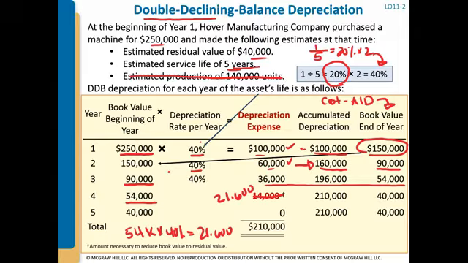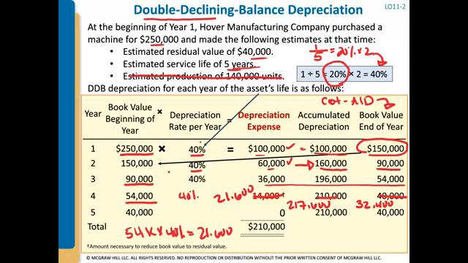Our accumulated depreciation would be 196 plus 21.6. Our cumulative depreciation would be 217,600, and our book value at the end of the year would be the 250,000 minus the 217,600, giving us an end of the year book value of 32,400. Okay, that's if we just took the 54,000 and multiplied by 40%, just like we did for the previous years.